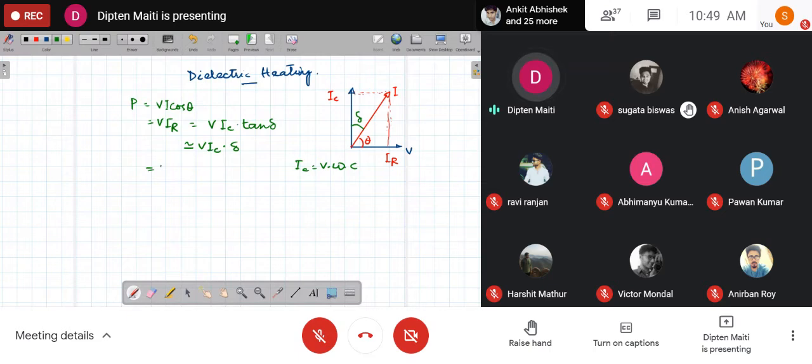So this becomes equals to V square omega into capacitance into delta. Now omega is of course the applied frequency. Now let's consider the capacitance to be a parallel plate capacitance. So this becomes equal to V square omega C, where C equals epsilon naught epsilon R, the area of the plate divided by the distance between the plates, and multiplied by delta.